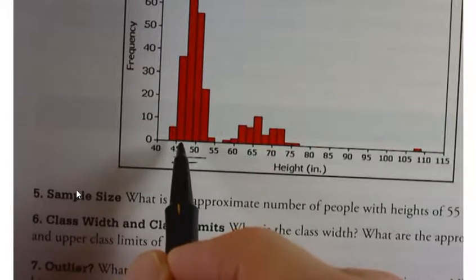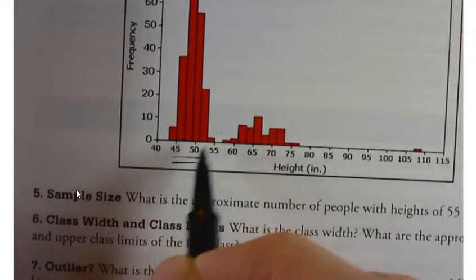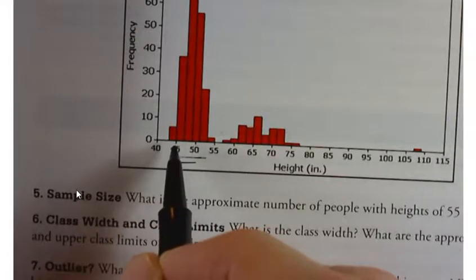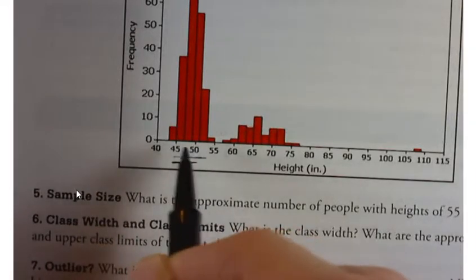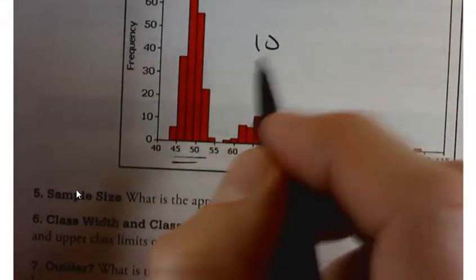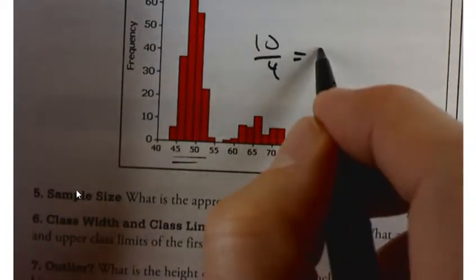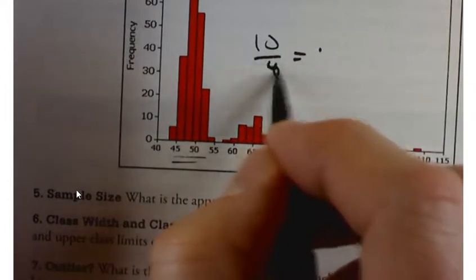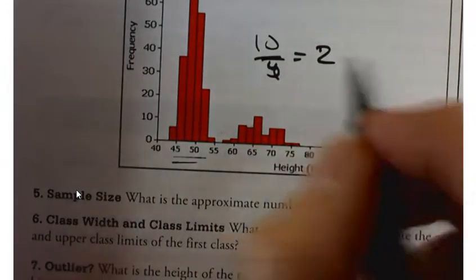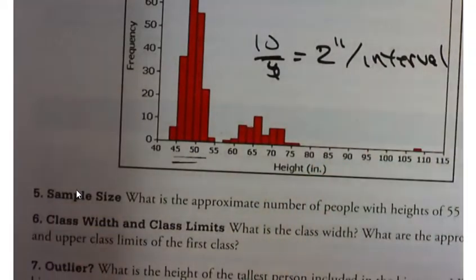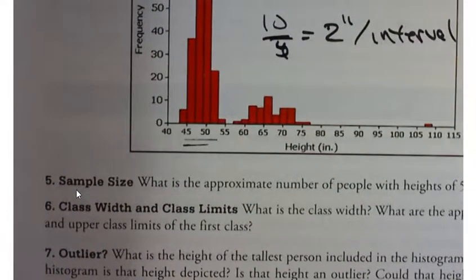How many bars do I have? 6. Yeah, about 2.5. Or how about if we go between 45 and 55? About 4 then, right? So we have a width of 10 divided by 4. So it's going to be 5? Yeah, there we go, 5. So it's going to be 2 inches per interval. So that's your class width here.